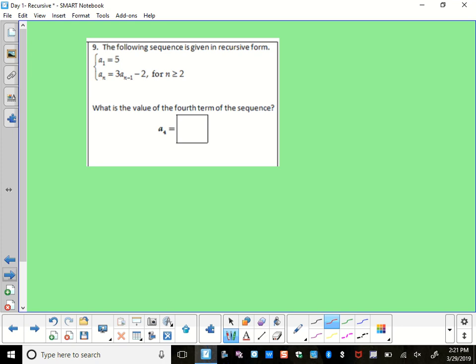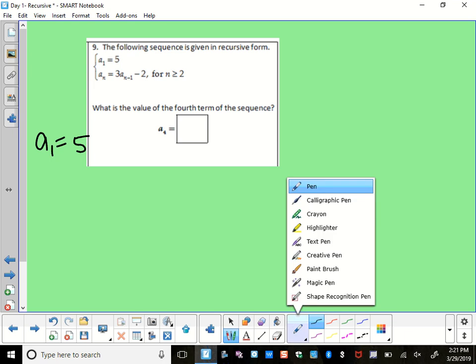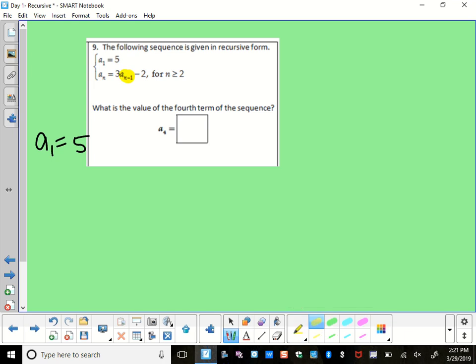All right, the following sequence is given. My first term is 5. So my first term is 5. And my rule is 3 times the previous number minus 2. And they're asking me for the fourth term. So 3 times the previous number minus 2.